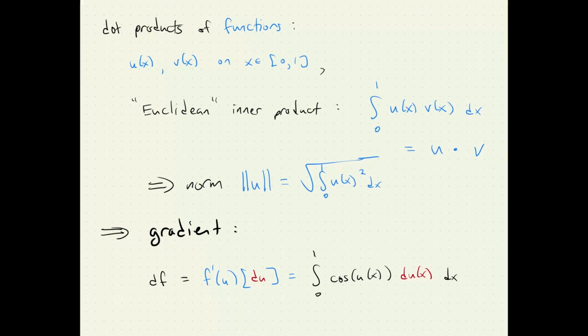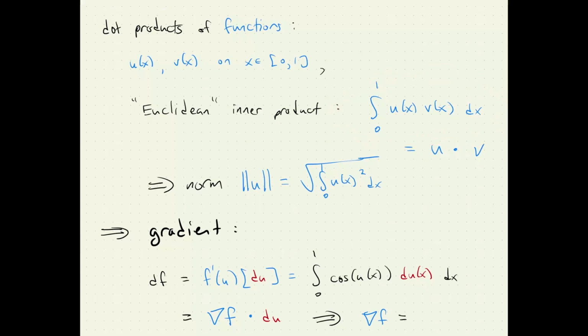Our generic definition of the gradient is: when you have something that takes a vector in and a scalar out, the first derivative had better be the dot product of the gradient with du. By inspection, this is our definition of a dot product.